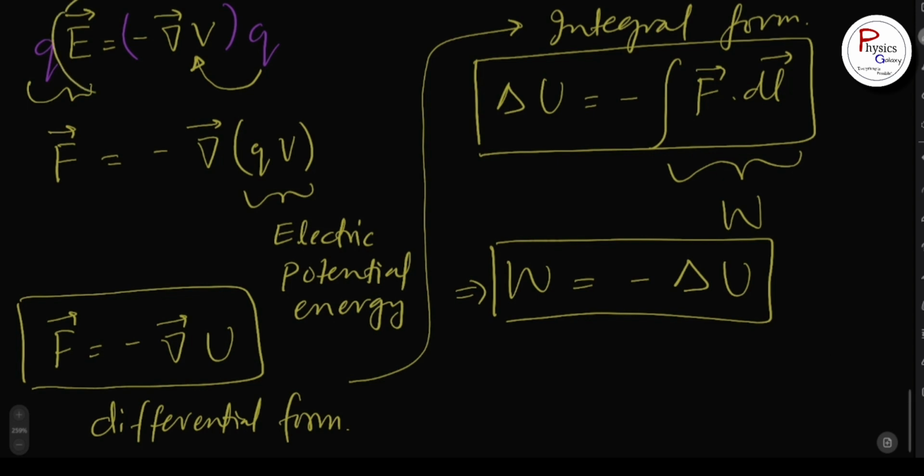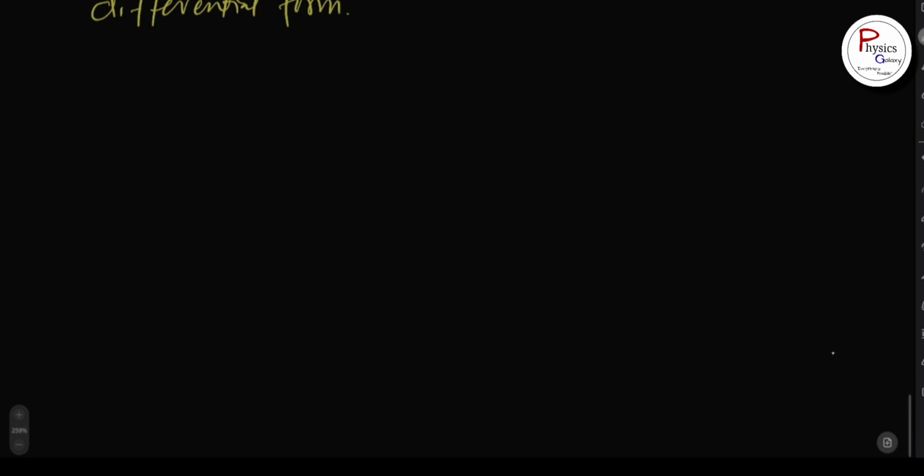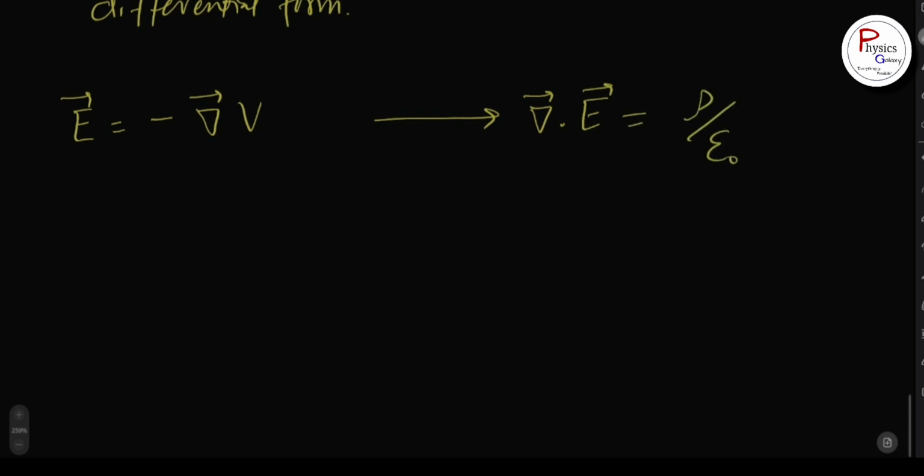E equals negative gradient of potential. So what else can we get from the same equation? One thing is that we can use Gauss's law, because in that equation we have the electric field. Gauss's law says the divergence of E equals rho over epsilon naught.